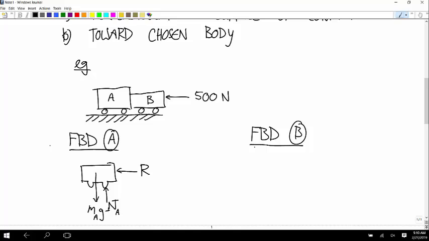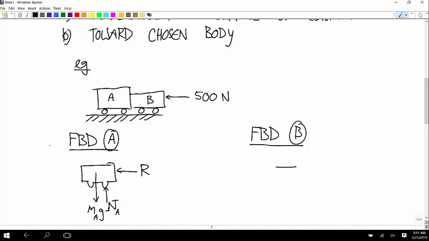No matter what happens away from the boundary, it doesn't affect that free body diagram. That 500 Newton force definitely affects the motion of these two things, but if you're careful and just represent the forces at the boundary, the effect of that 500 Newton force is going to come through that reaction force at R. So if this force goes down, and this force ends up going down, that's how it affects the motion of body A.